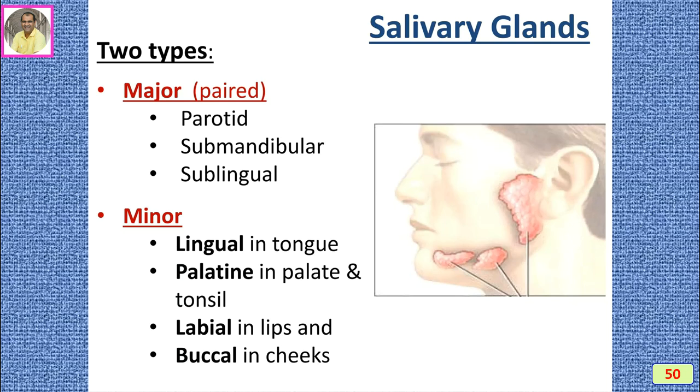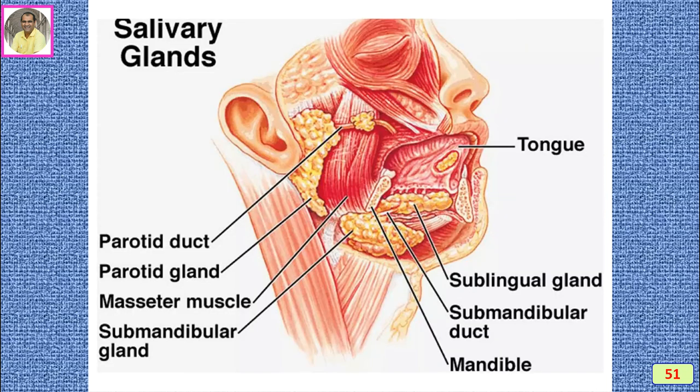Then the buccal glands in the cheeks, because small exocrine glands are also present there, are known as the buccal glands. For example, this is a photo in the human which shows the parotid duct, which opens in the upper maxillary region, and also the tongue always mixes the mucus secreted from different types of glands.